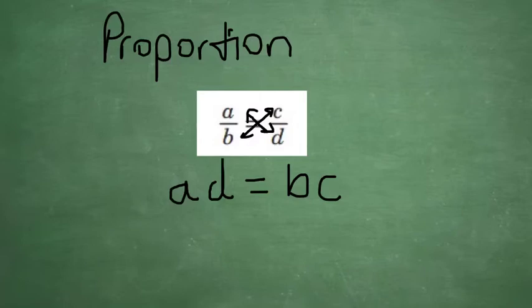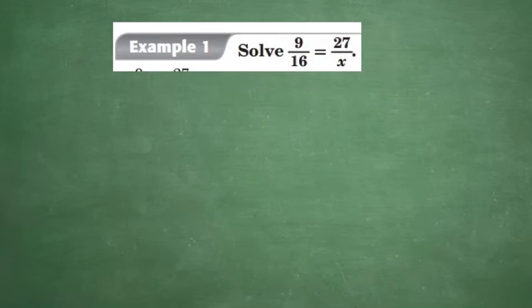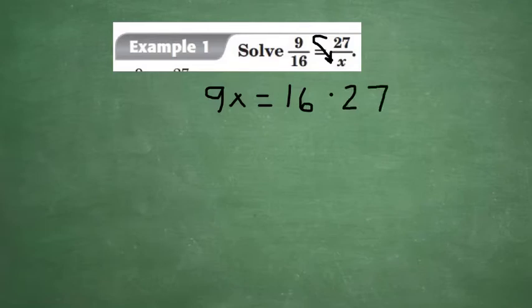Okay, so let's go ahead and try an example. With this example, we can see we just want to solve for the value of x using our cross product property. Okay, we will go ahead and multiply. So 9 times x we'll just leave as 9x. 16 and 27, we'll multiply that out here, but just to show you, again, we're just multiplying diagonally, 16 and 27.